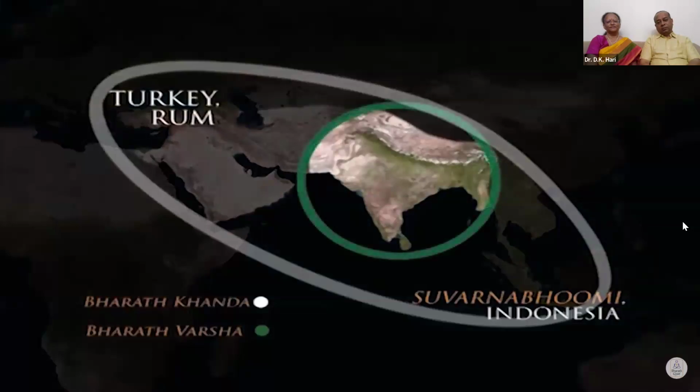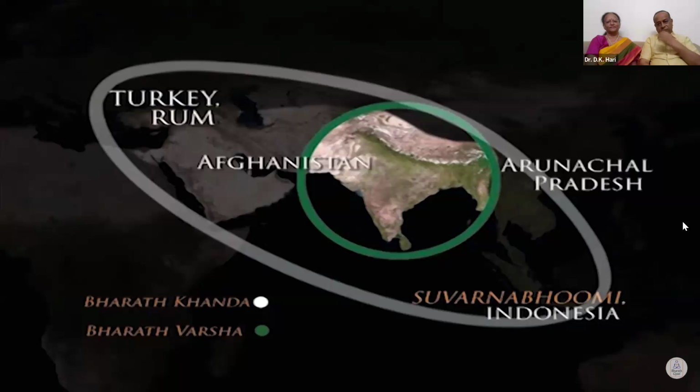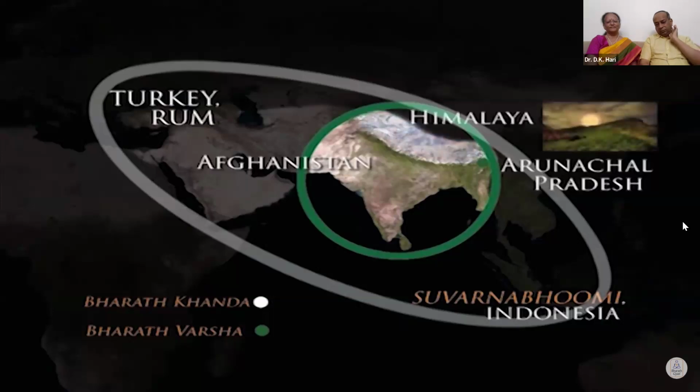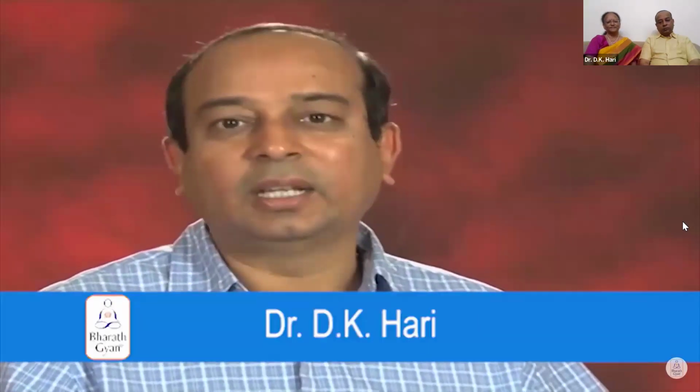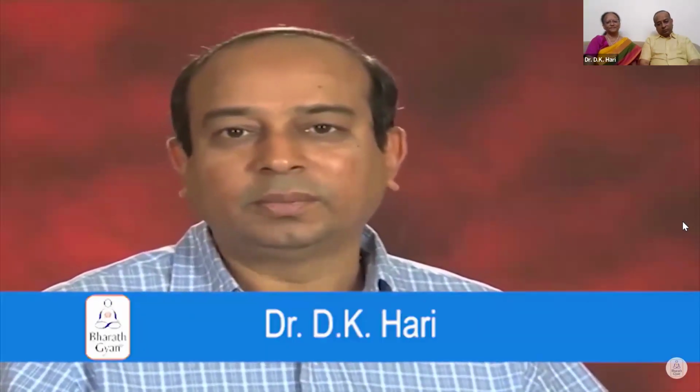The Bharat Varsha extended from Afghanistan in the west to Arunachal Pradesh in the east, to the Himalayas in the north, to the Indian Ocean in the south. In this continent of Bharatkhanda lay the country Bharatavarsha.